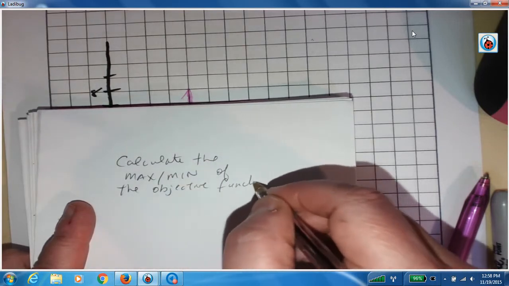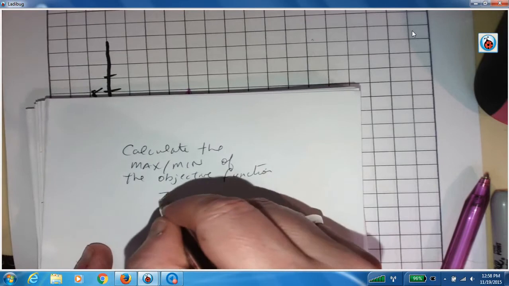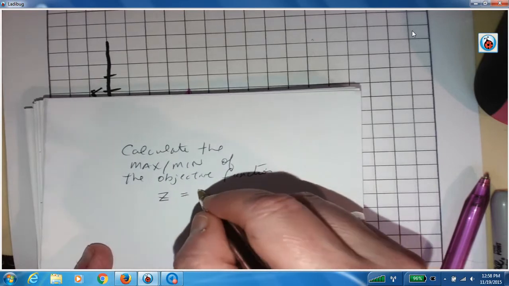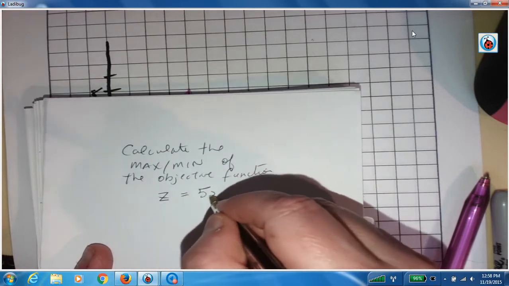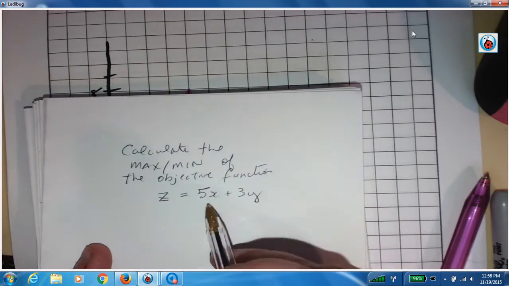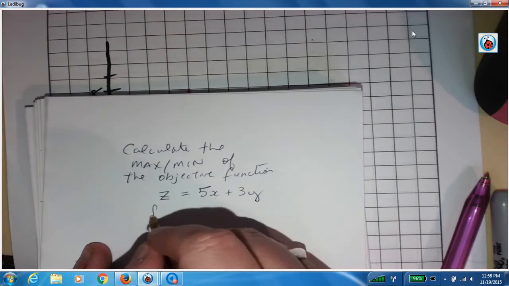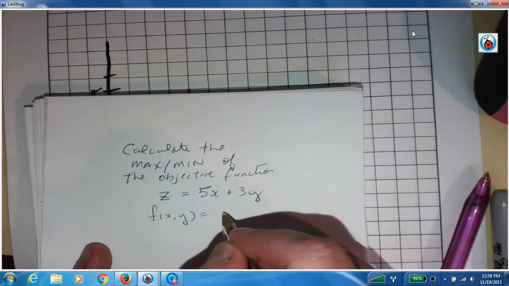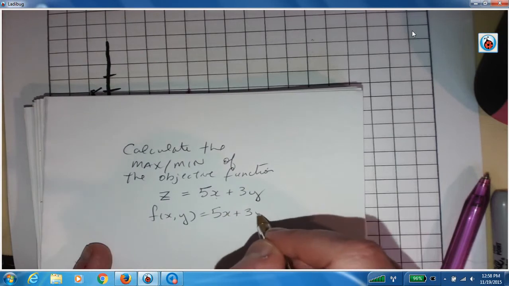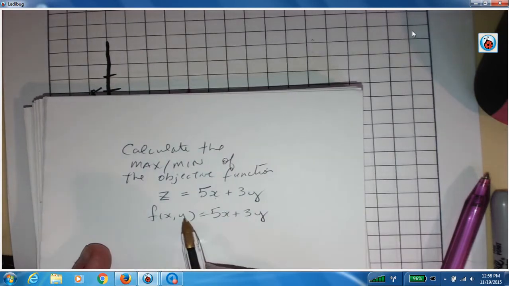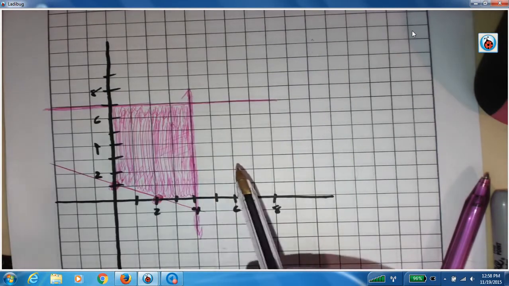Our book uses z. But this is a function with x and y, so I prefer this notation. Well, what you plug in here for x and y are your vertices.